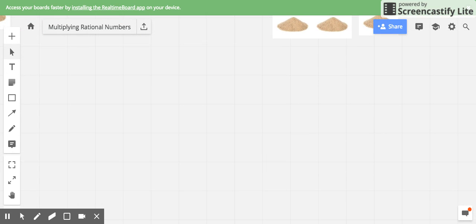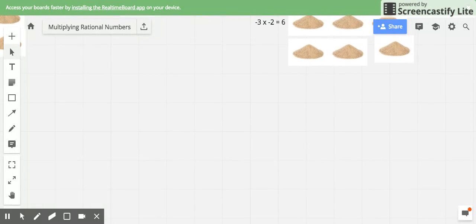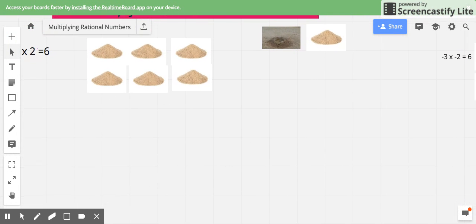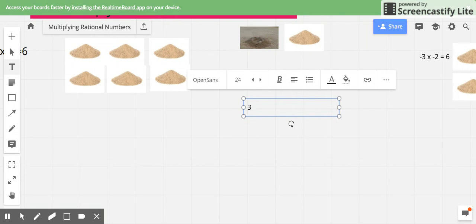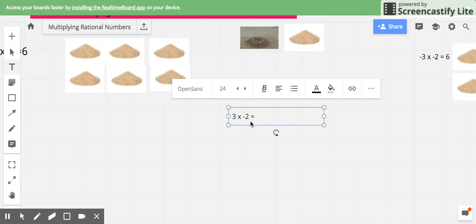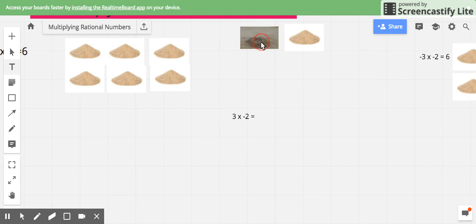Now let's try another one that could blow our mind. Let me do it right here underneath our piles and holes. Let's say we have 3 piles times the opposite of 2. Uh-oh. Well, what are we going to have here? This is saying we have the opposite of 2 groups of 3 piles. Well, the opposite of 2 groups of 3 piles is 2 groups of 3 holes.